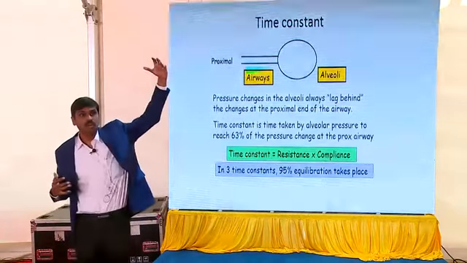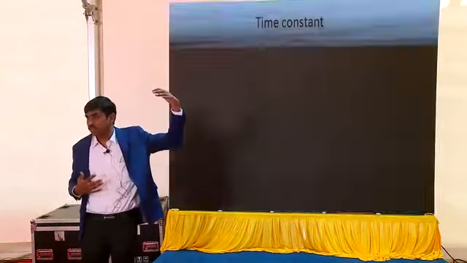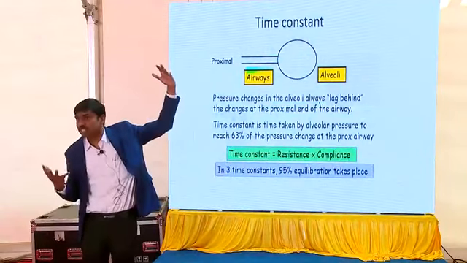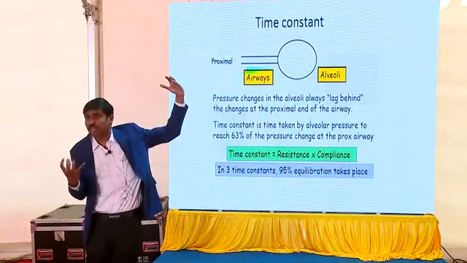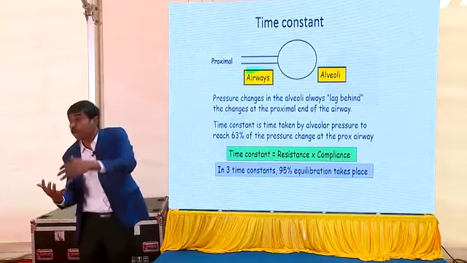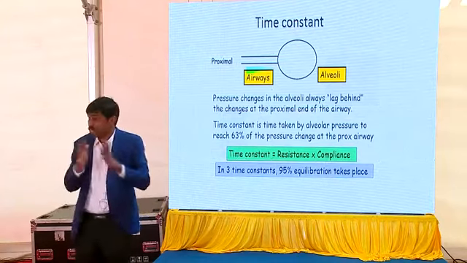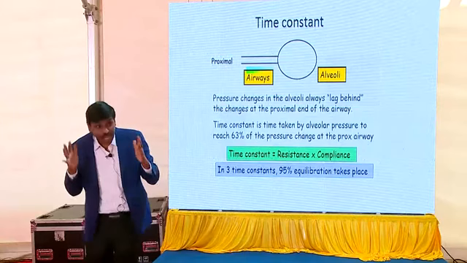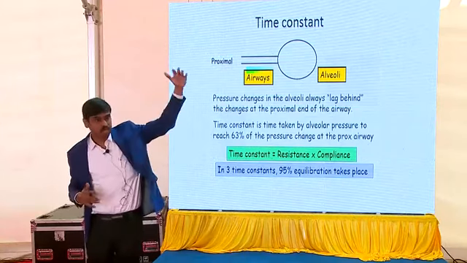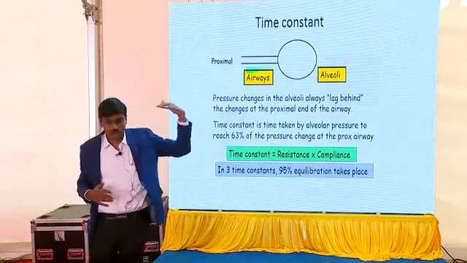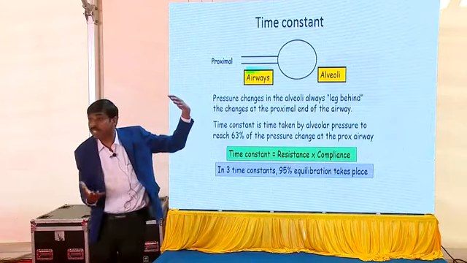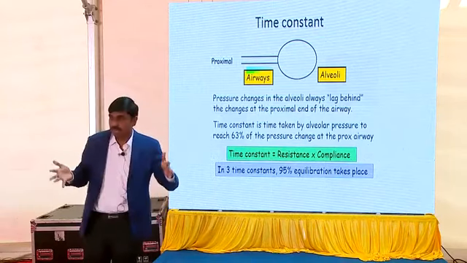Gas flows from high pressure to low pressure. To start with, the alveoli have a low pressure, so gas starts flowing from outside to inside, and then the pressure equalizes. The time needed to equalize the pressures from outside to the end alveoli is called the time constant.